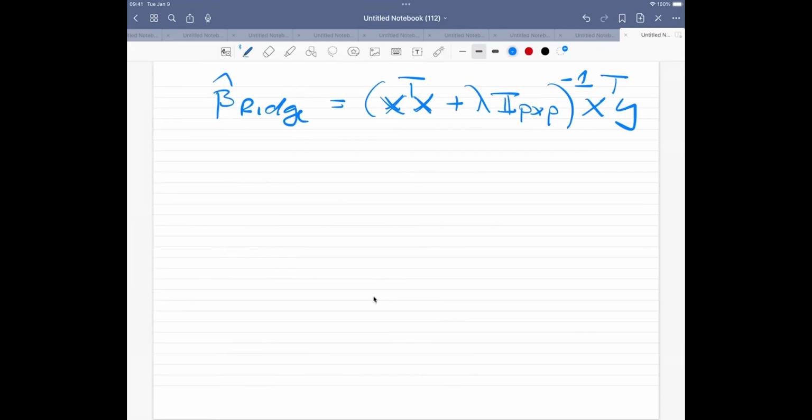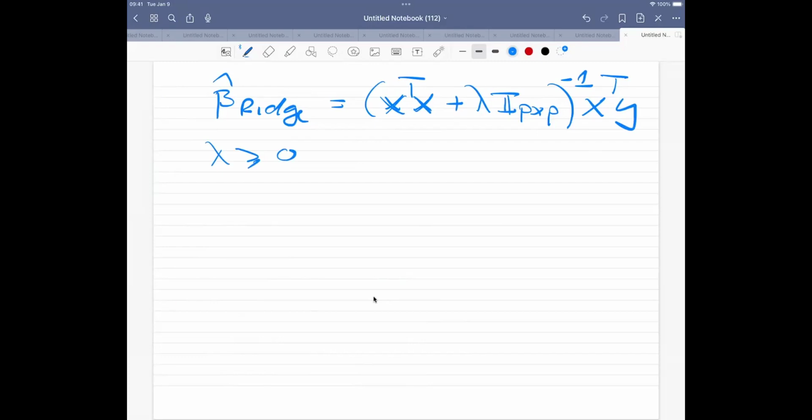So this parameter lambda is normally taken to be larger than or equal to 0. If it's 0, then we have ordinary least squares. And if it's larger than 0, this allows us to tune our results so that we can actually get rid of some specific degrees of freedom.